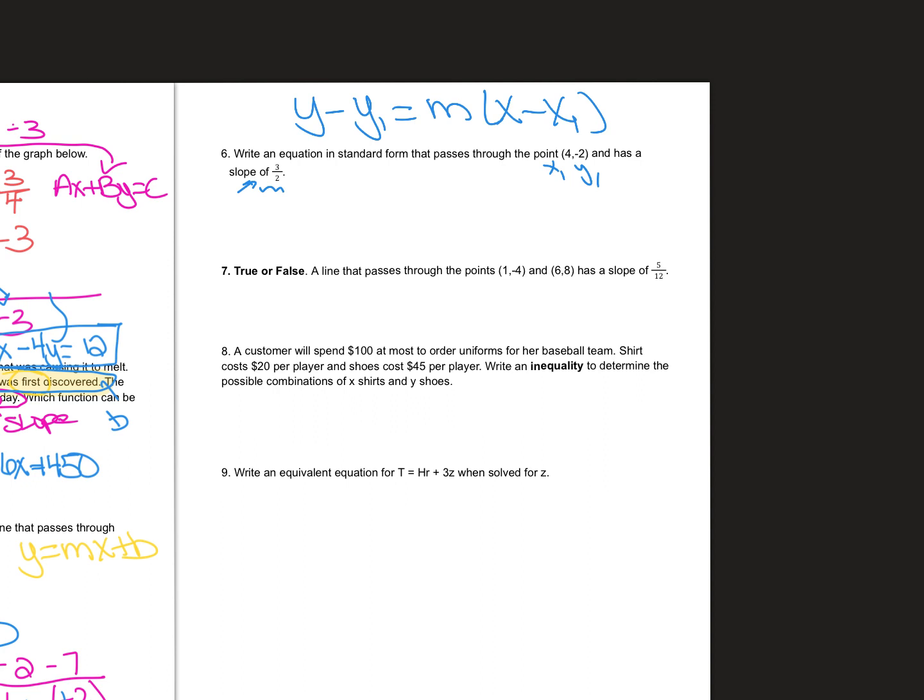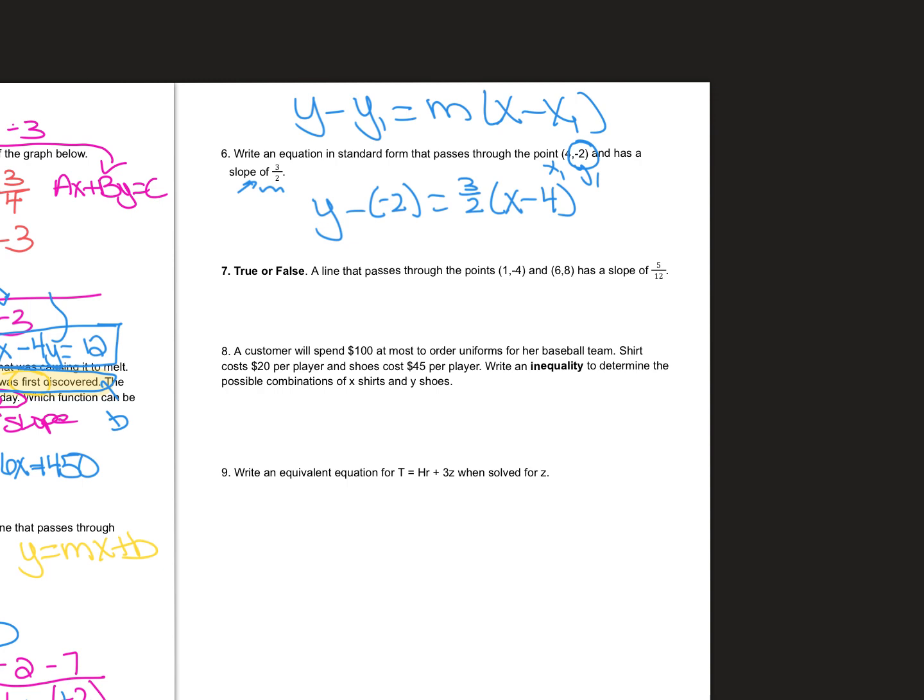So now I'm just going to substitute in. I have y minus my y1. You notice here our y1 is -2, equals my slope 3/2 times (x minus x1, which is 4). Well, I want to clean it up a little bit.